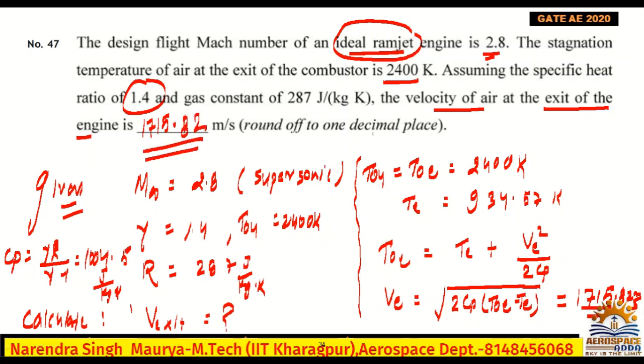Rounded off to one decimal place, you can write 1715.8. This is also correct. Hope you understood this.